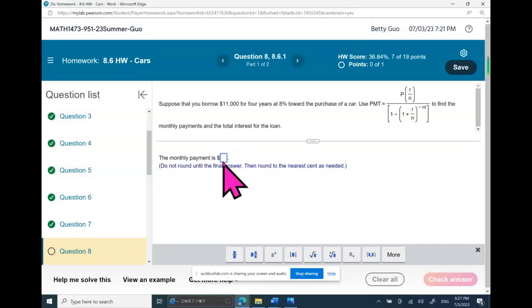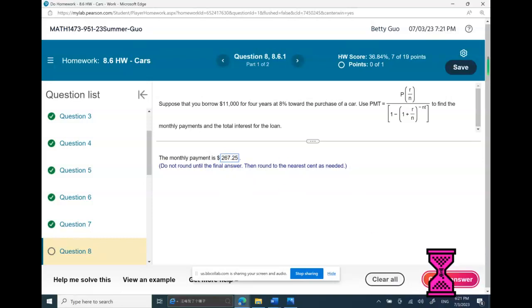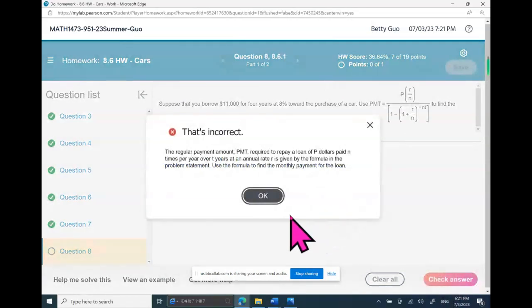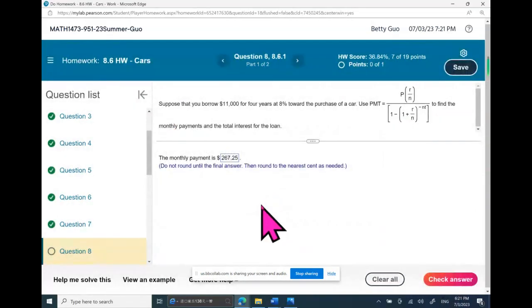Okay, so our answer is $267. We round it to the nearest cent, 25 cents. Round it down. Let's see what happened. 267.25, nearest cent as needed.